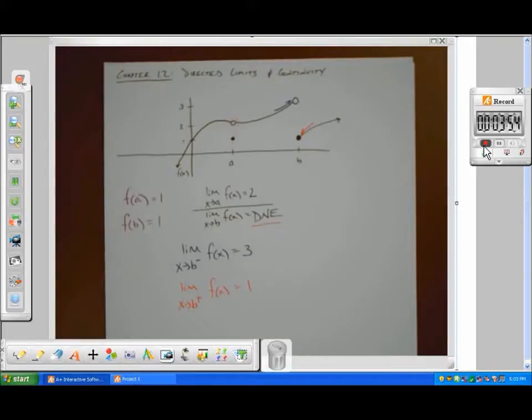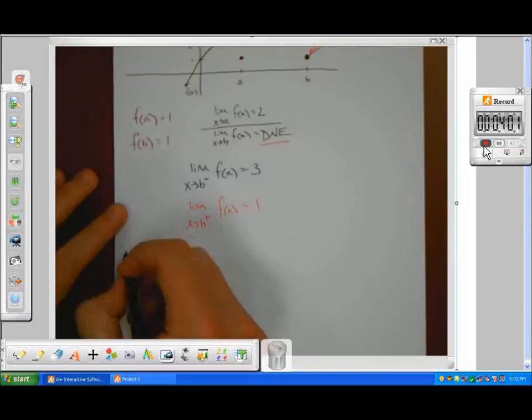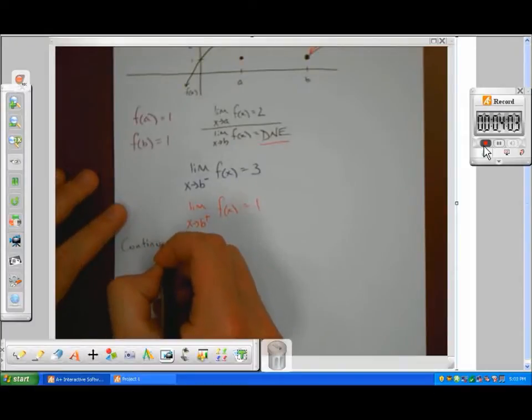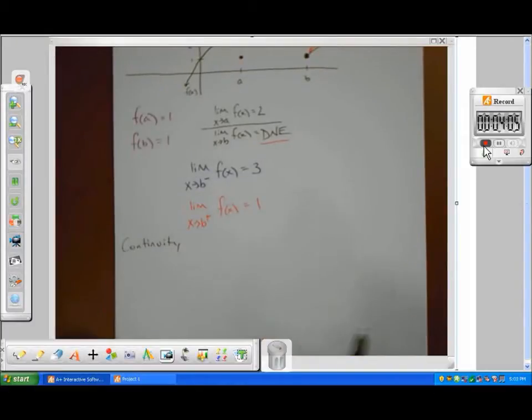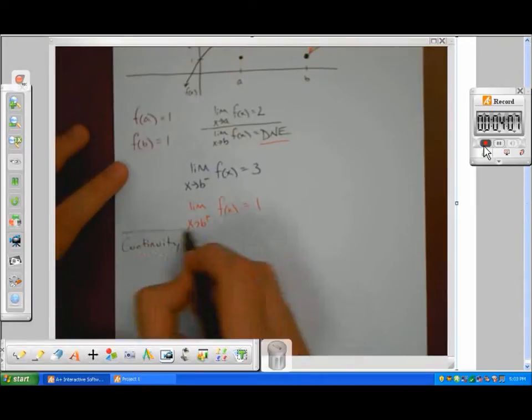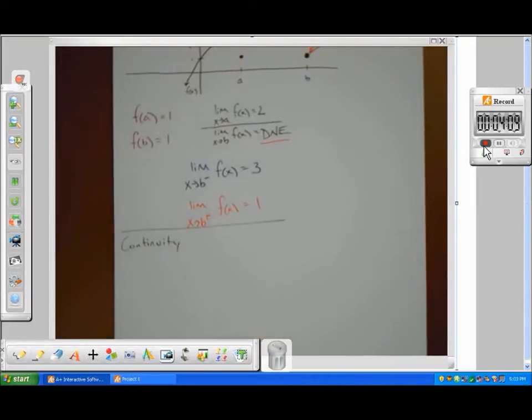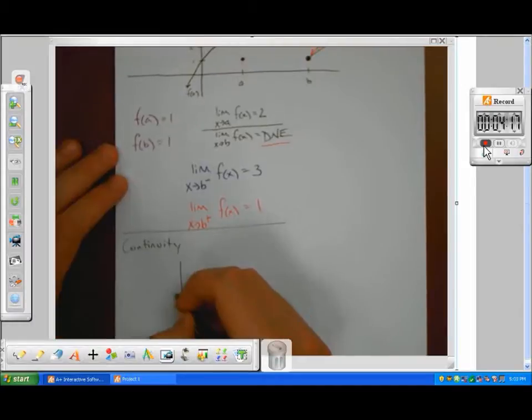This brings us to a point in calculus called continuity, or you might hear it called a continuous function. What a continuous function means is that there aren't any holes in the graph on a particular interval, and there are no jumps. So, for example, this would be a good example of a continuous graph.